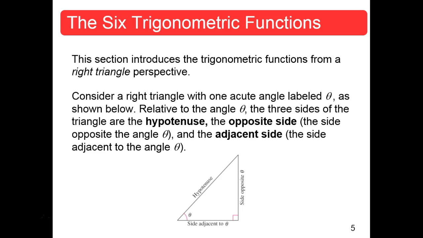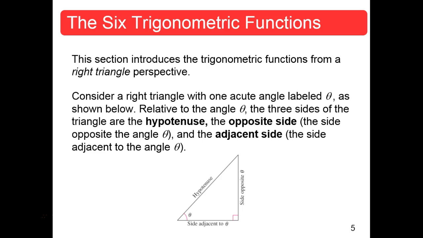Okay? So on a right triangle, that long side is called the hypotenuse, opposite the right angle. Now, since we chose one of these acute angles to be theta, there's always going to be a side opposite it. That's not the hypotenuse, because the hypotenuse is opposite the right angle, right?